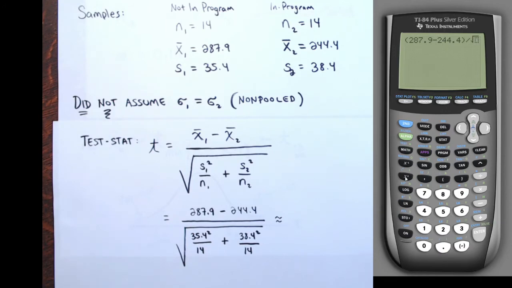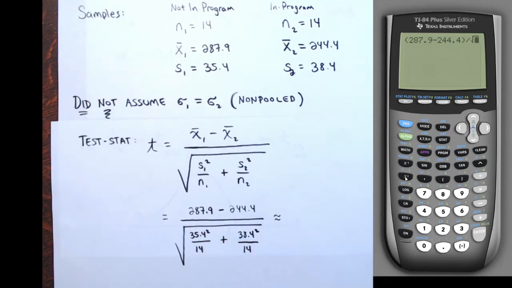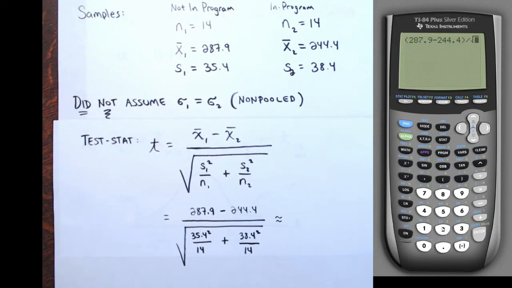Make sure this entire expression is under the square root. So we have 35.4, that was s1 squared, divided by 14, plus 38.4, s2 squared, divided by n2, 14 as well. Notice that in my calculator the square root bar just kept extending, so all of this is under the square root. In one of the older ones, you might have to put parentheses in the beginning and end to make sure it's all underneath.